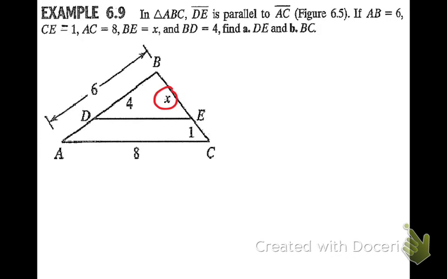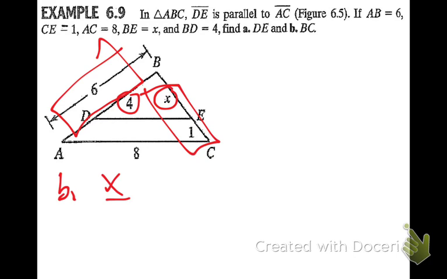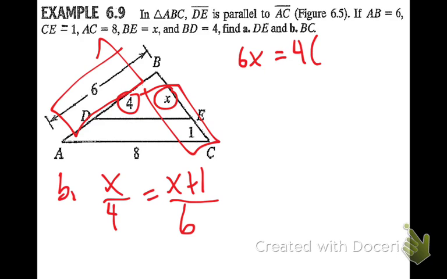X is to 4 as x plus 1 is to 6. So we're going to get 6x equals 4 times x plus 1. 6x equals 4x plus 4.